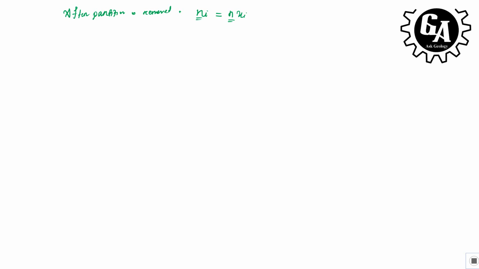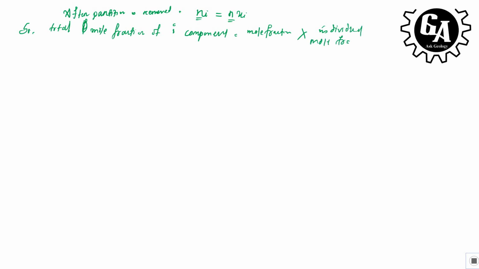So the number of moles of the ith component is the total moles times the individual mole fraction of each component in the system. Okay, this is clear.